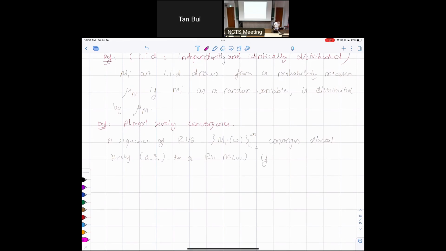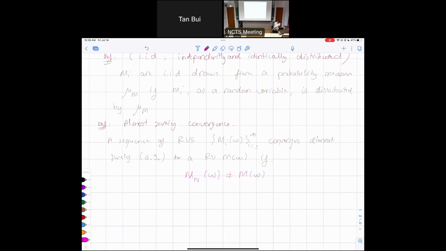You take the nth random variable, because n can be anything between 1 and infinity. You evaluate it at omega, and we check to see whether it's different from capital M of omega.